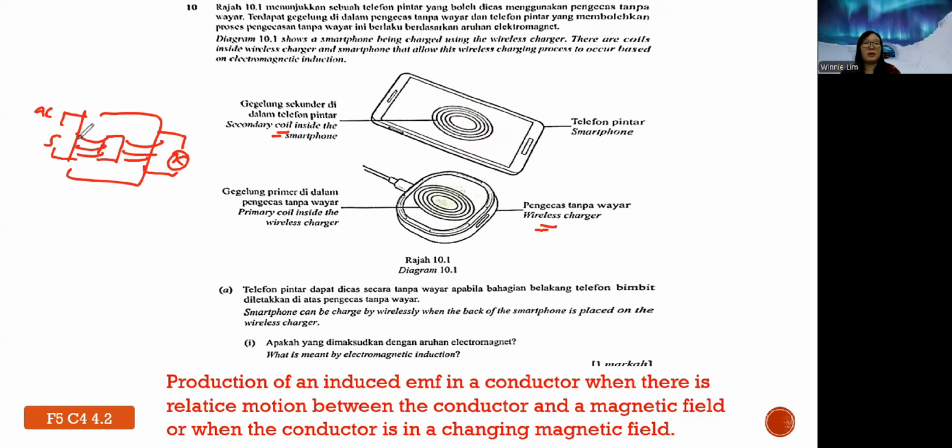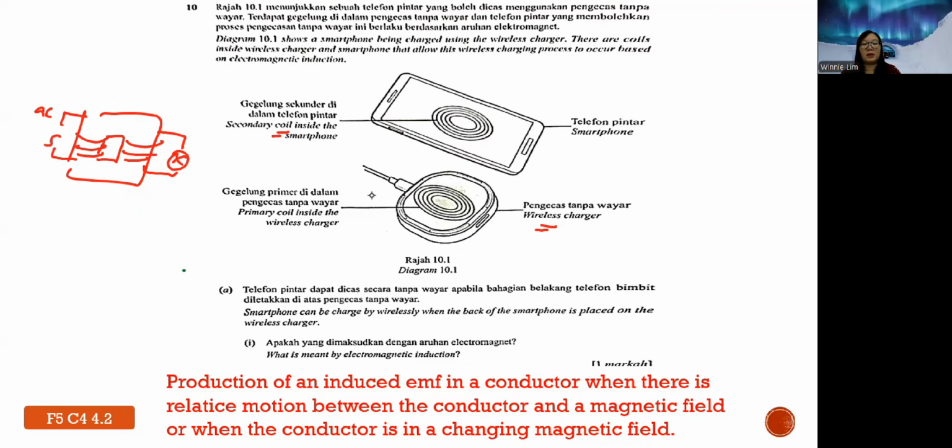In a transformer, when you supply alternating current, it produces a field. Then this field cuts the coil, right? Then later on, because of the AC, the field will collapse, then it will appear, then it will collapse again. So same idea here.